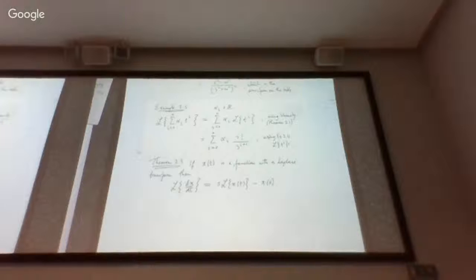It's very closely and very well related to the transform of x. It's simply s times the transform of x minus the initial value of x.